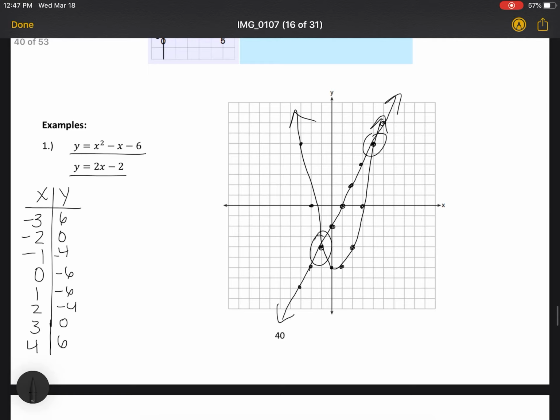Okay, so it looks like I have them crossing at 2 points here. Again, you're looking for where the two graphs are crossing each other. And then to get your answer, all you need to do is list those out as coordinate points. So one of them is -1, -4, and the other is 4, 6.